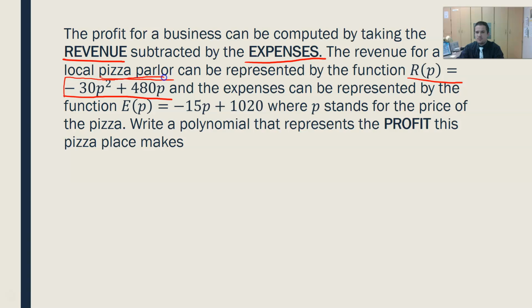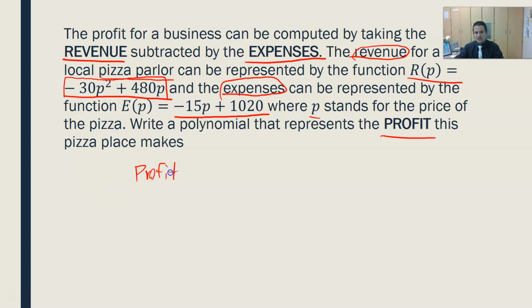So this function, this polynomial, represents the revenue. That's how much money they make. And the expenses can be represented by this function. E of p, or expenses, is equal to negative 15p plus 1020, where p stands for the price of the pizza. Write a polynomial that represents the profit this pizza place makes.